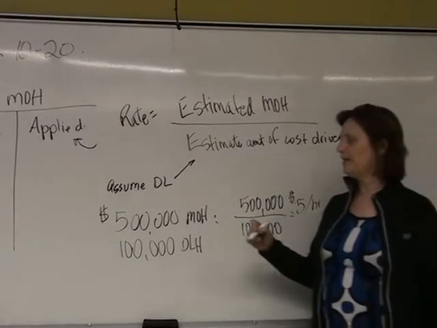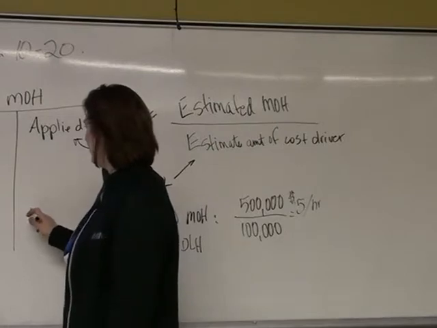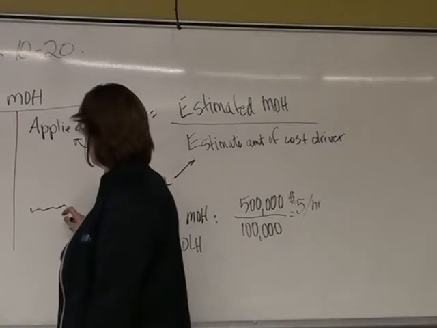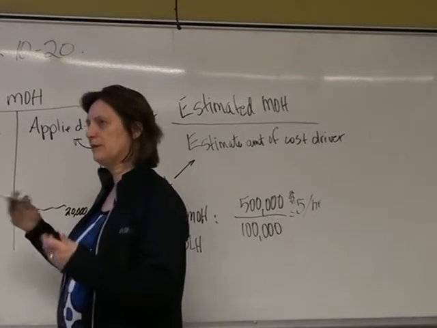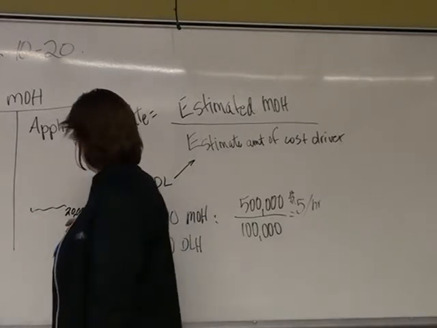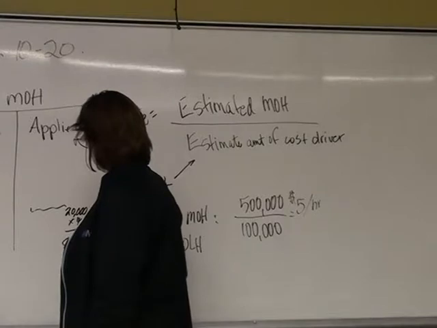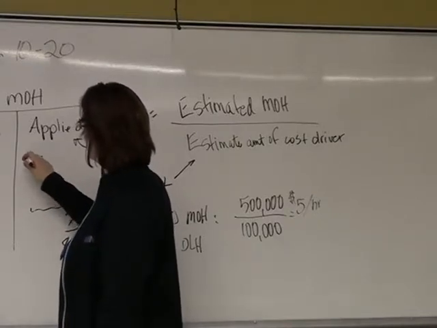But when we apply this, remember what happens if at the end of the year we only made, let's say, 20,000 units and we used 4 hours of labor for each unit, we only used 80,000 labor hours. That means we would apply $5.